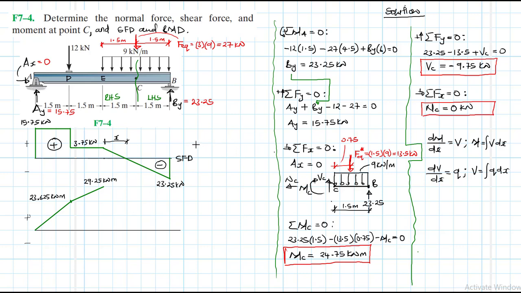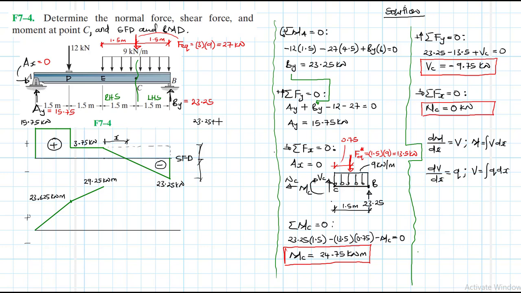So then what do we do? We can redraw this like so, and then just use similarities of triangles. So we can say 23.25 plus this top. We are just using similarities of triangles.